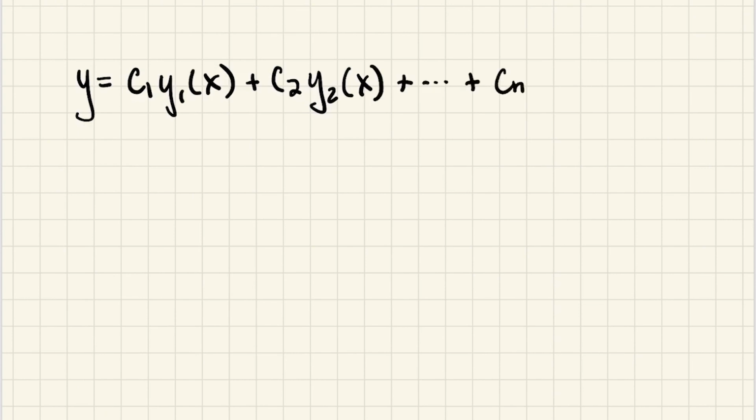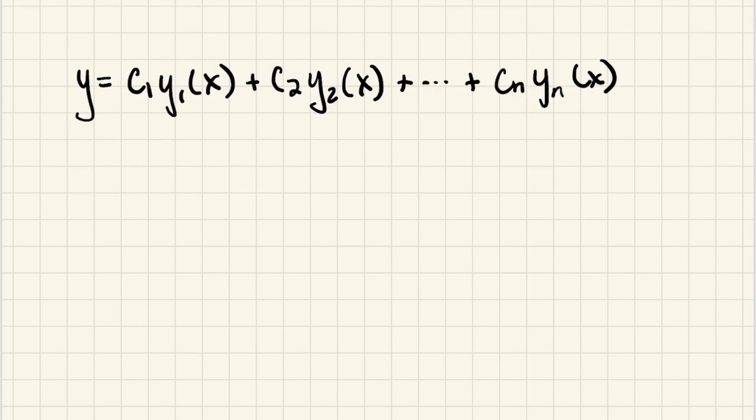Okay, so how do we tie all this together? Well, it means if we write a solution like this, and we only have n parameters to sort of spend because it's an nth order differential equation, this means the solution to a homogeneous linear nth order differential equation will be of this form.